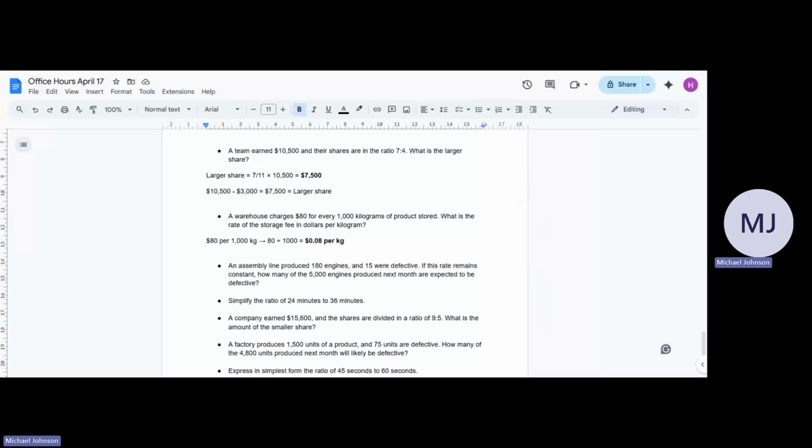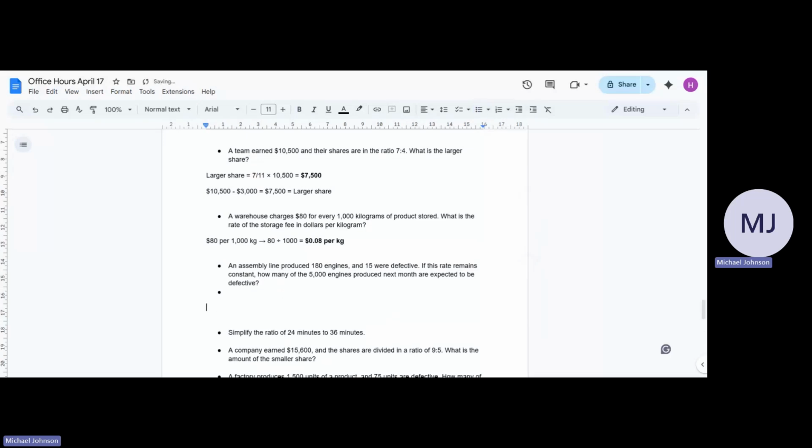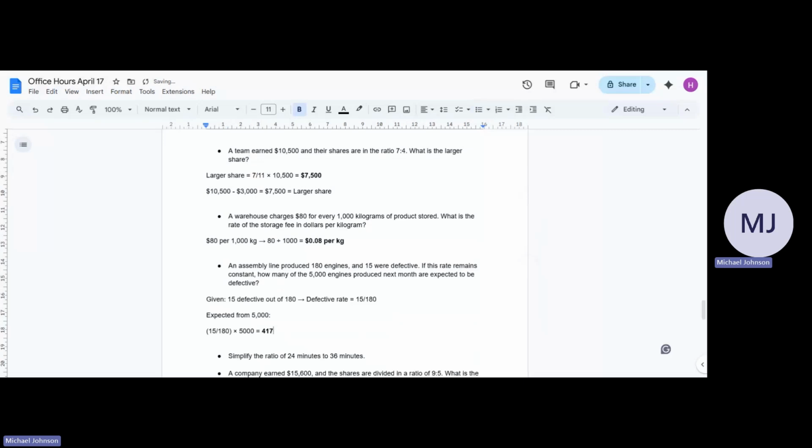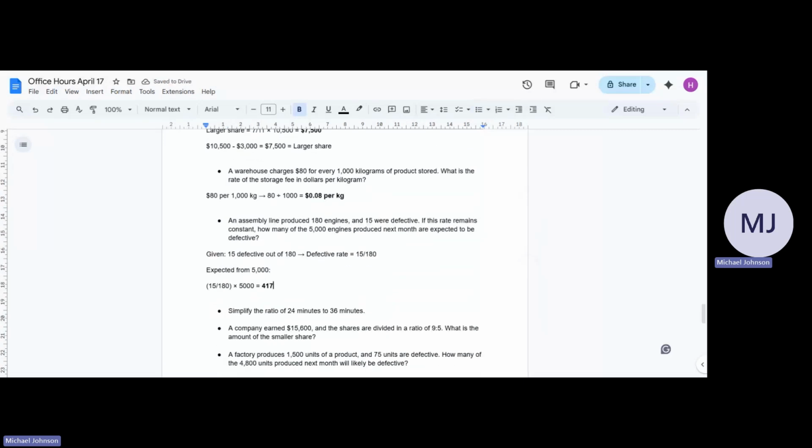And the next one is an assembly line produced 180 engines and 15 were defective. This rate remains constant. How many of the 5,000 engines produced next month are expected to be defective? So given 15 defective out of 180, defective rate equals 15 divided by 180.